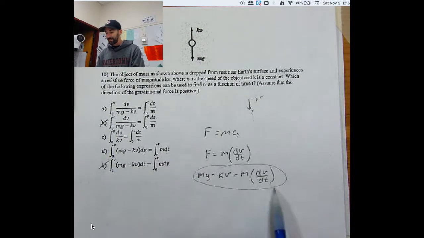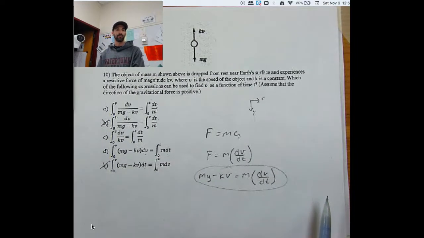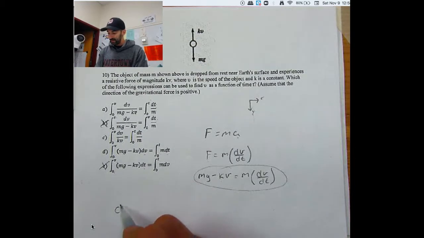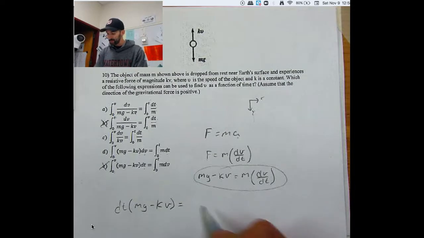So the first thing I'm going to do, as we have said before, and many people are uncomfortable with, is that dv/dt is not a fraction. However, we can treat it as a fraction due to some implicit differentiation rules. You should be going over those in calculus. At some point, I may post a video about that. But I'm going to separate my variables, so now it's just going to be dt times (mg minus kv) equals m dv.